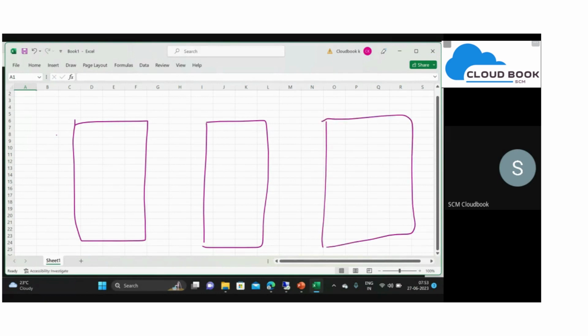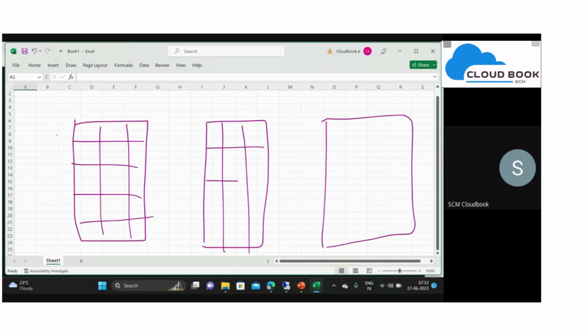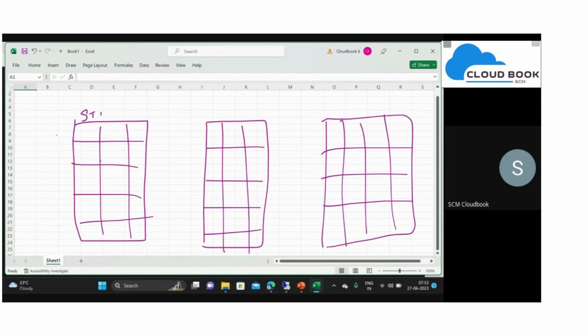So this is basically your storage types. These are the three different storage types you have, and these are the bins that we have. This is one storage type, ST1, ST2, ST3. And in my warehouse, you can see this is the entire warehouse.